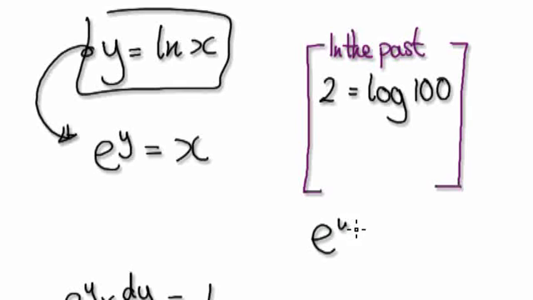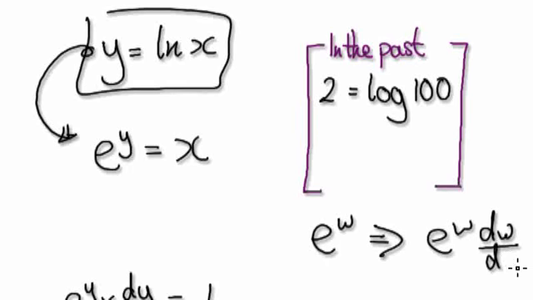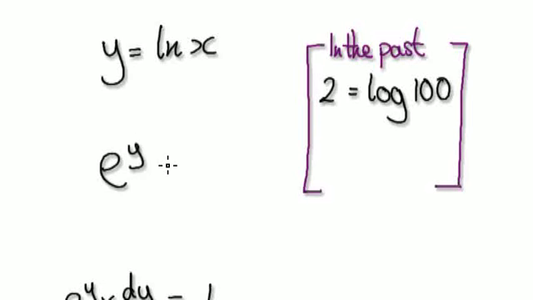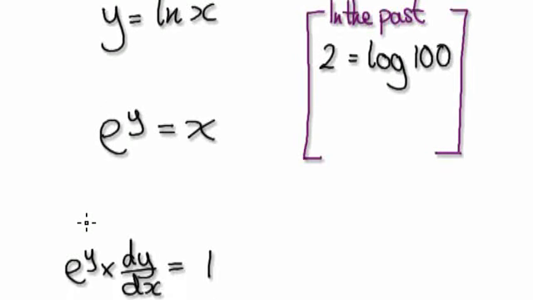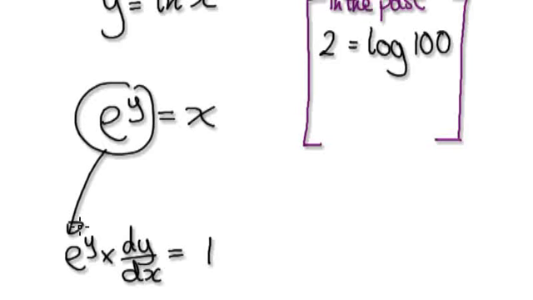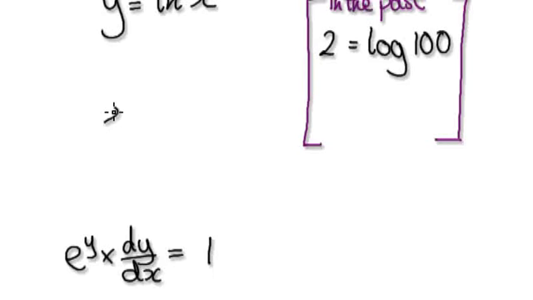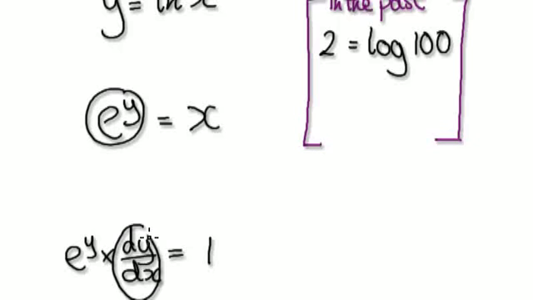If you differentiate e to the power of y, it will be itself, and then you've got to times by dy by dx, because y is a function of x. Differentiating the x will just be 1.